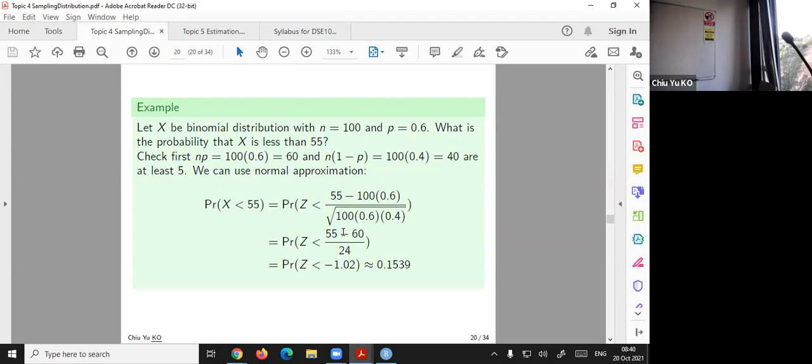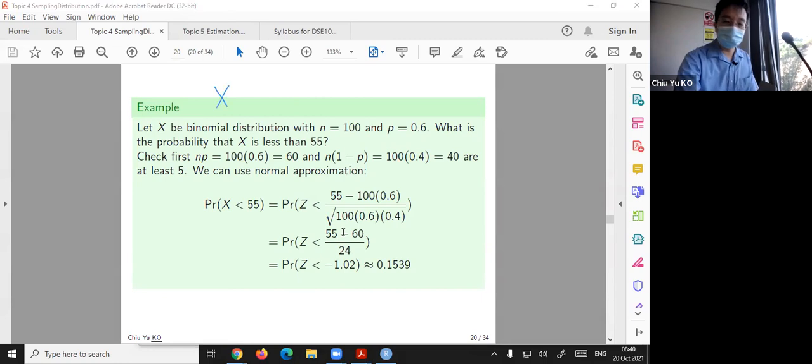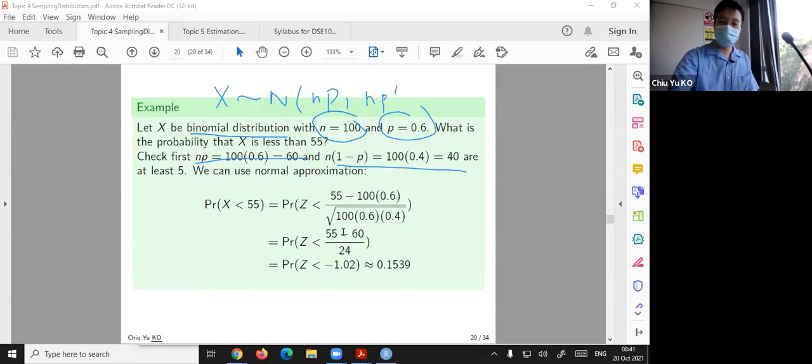Because x is binomial with n and p, if you check np is bigger than 5, then it's binomial, but now you can consider it as a normal, and then you can use the same concept here to do the job.